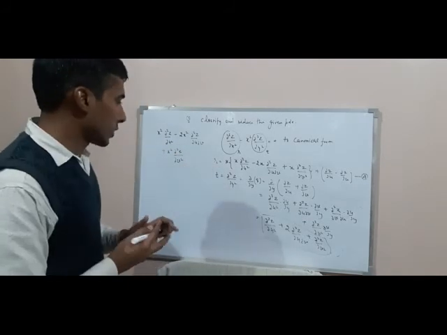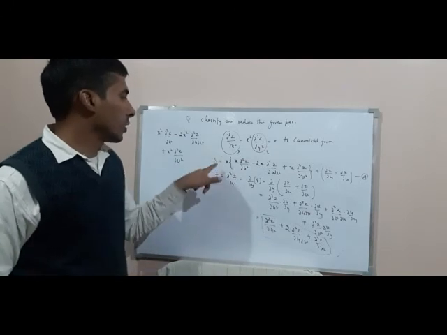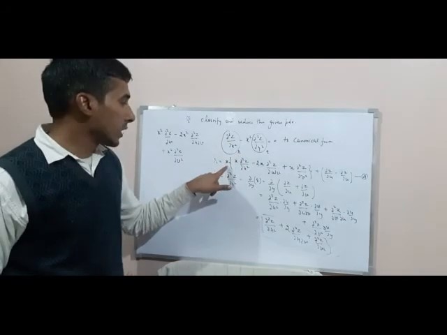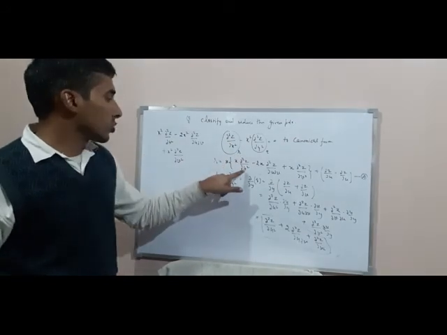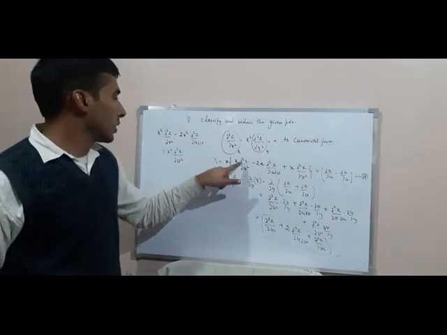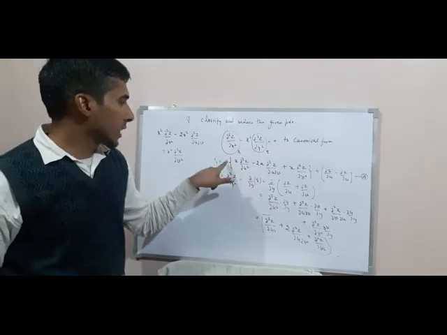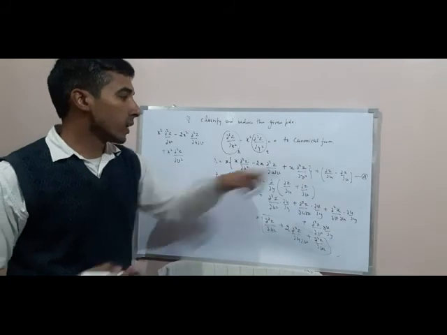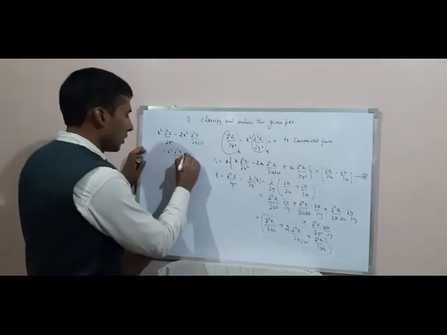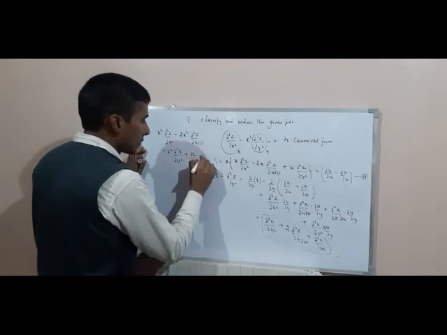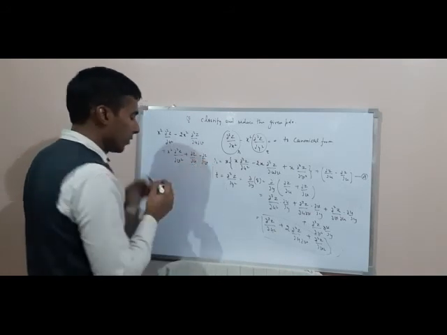This is the expression when we put it in the given equation. ∂²z/∂x² is r, and r is here x² ∂²z/∂u² minus 2x² ∂²z/∂u∂v plus x² ∂²z/∂v², and the last term is ∂z/∂u minus ∂z/∂v.